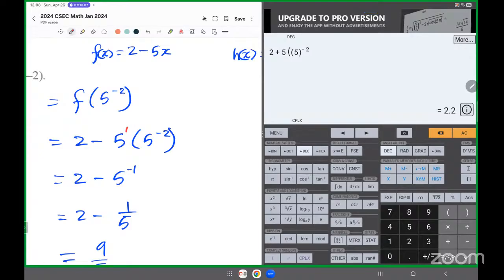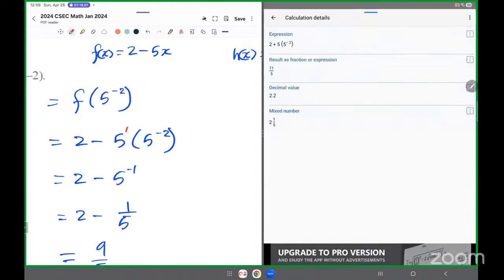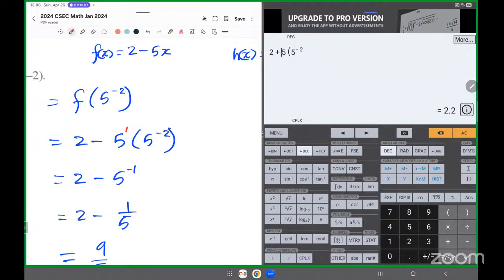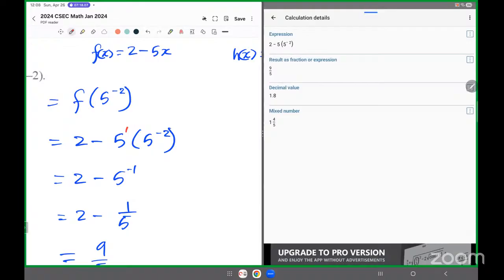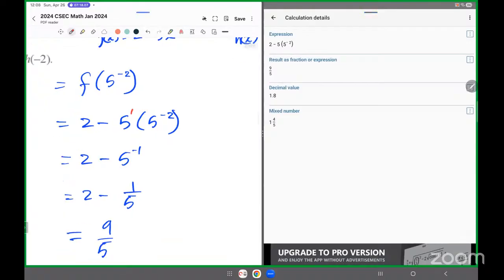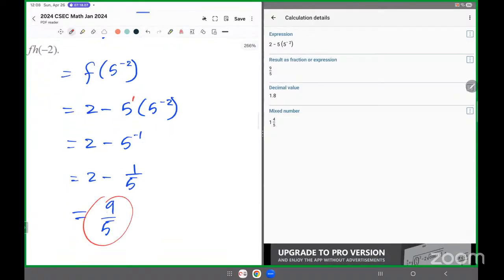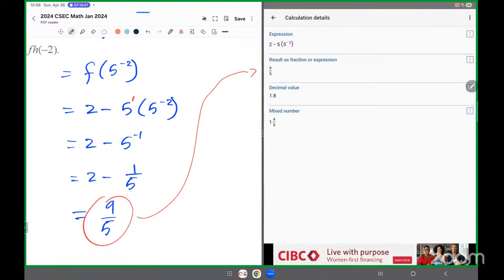You get the 9 over 5. See? 9 over 5. So the calculator could have given you the answer the same way. Instead of doing all this work, you could have put this in the calculator and got the answer the same way.